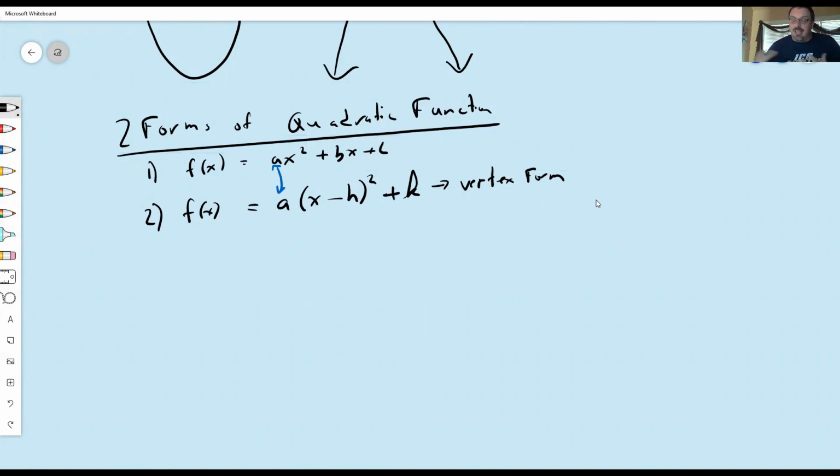Now the a tells us a lot about what to expect from the parabola. So if a is greater than 0, then the parabola opens up.